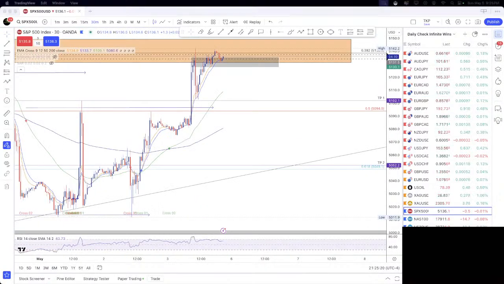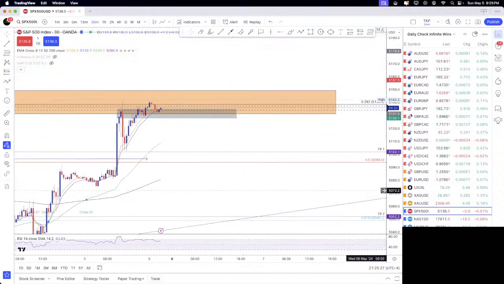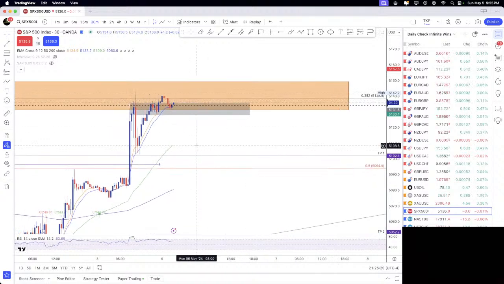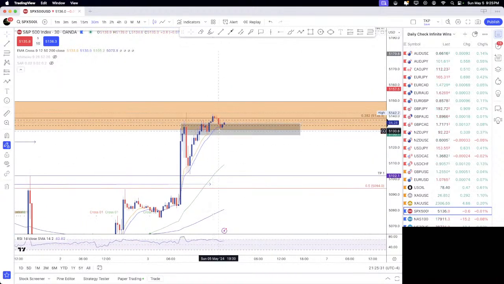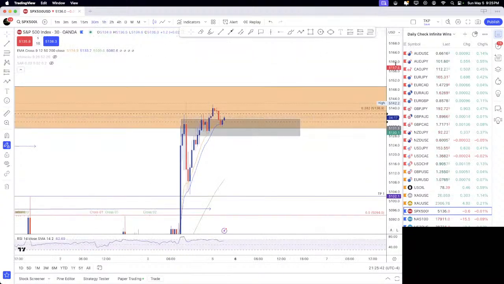So S&P 500, we're looking at the rejection from this area, and it looks like a double bottom on the 30-minute. Yeah, pull back to retest that double bottom. Yeah, it could be continuing the uptrend from here.